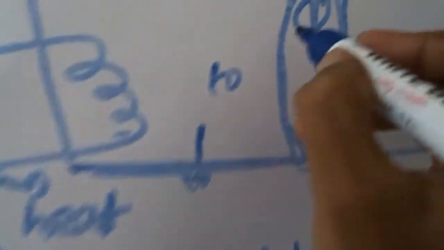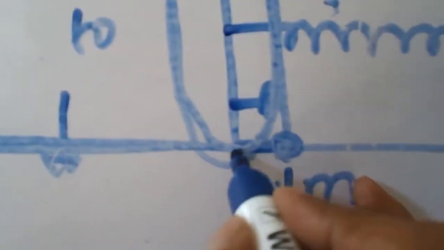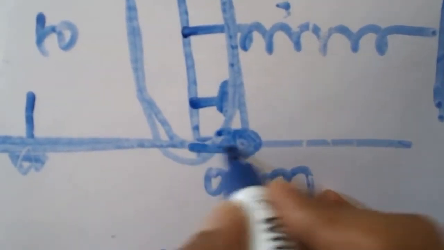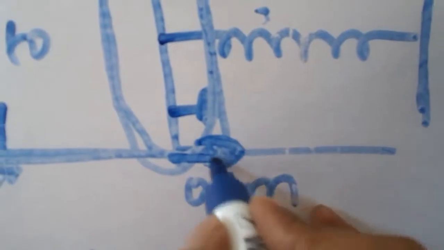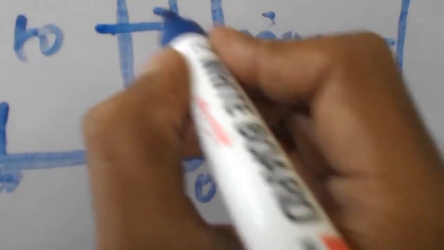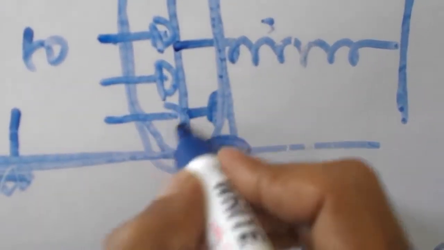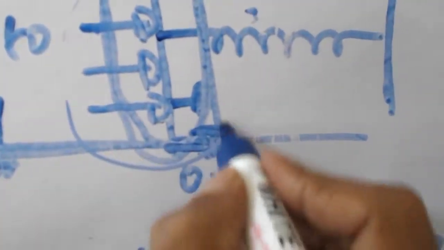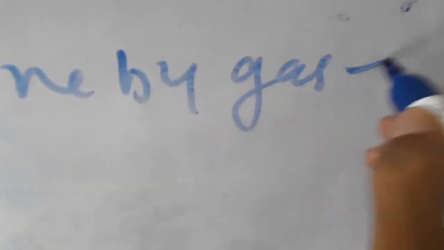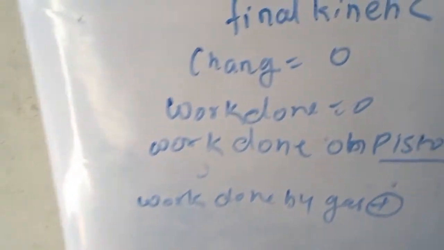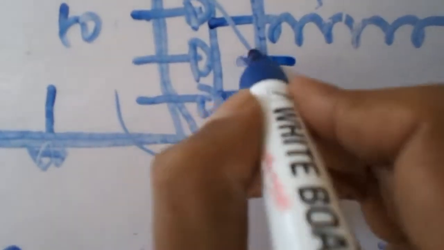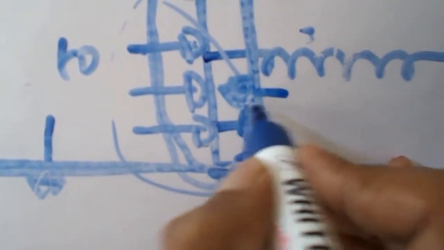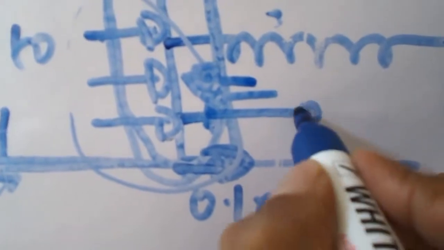Okay, so look here, this is the direction of displacement. And what is the direction of force? The force by gas is this, so work done by gas will be positive. And the spring, this is the force by spring, so work done by spring is negative because movement is in this direction.